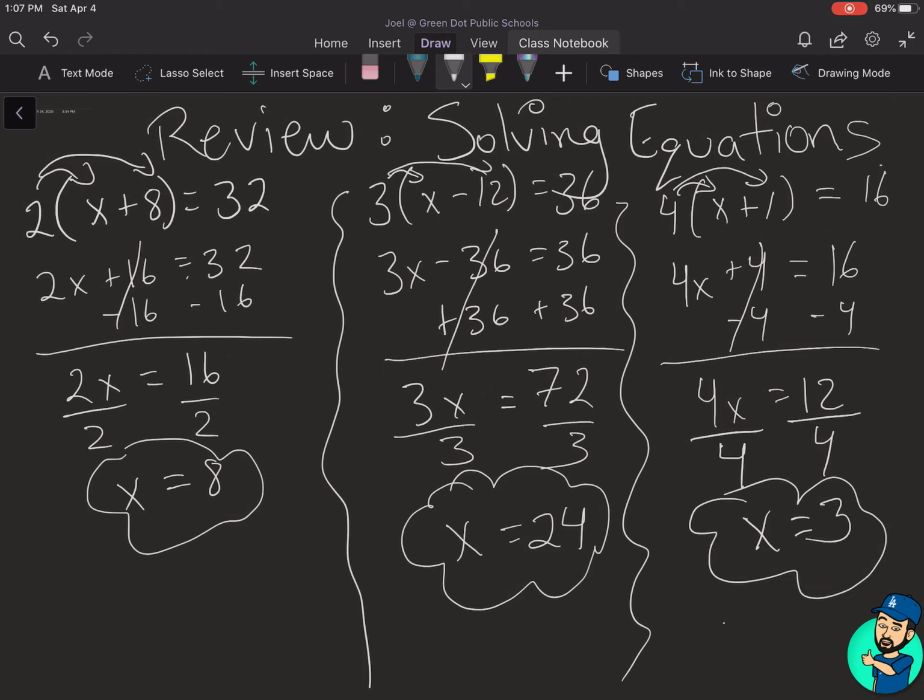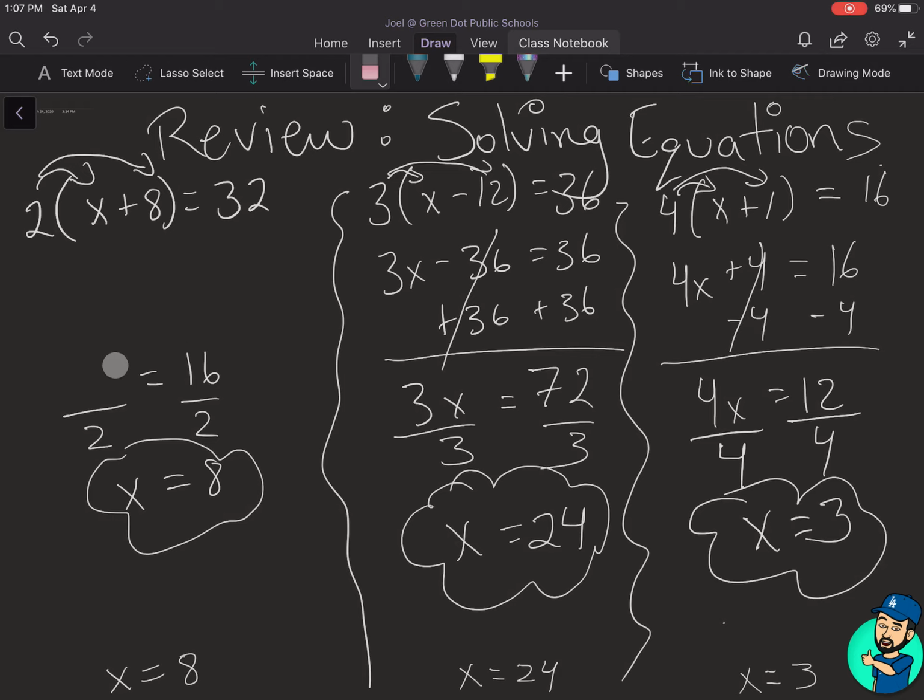So I'm going to write down the answers that we got from these problems all the way at the bottom. So x equals 8, x equals 24, and x equals 3. Now we're going to solve the same problems, but by first getting rid of the number outside of the parentheses. So let me erase all of this then.